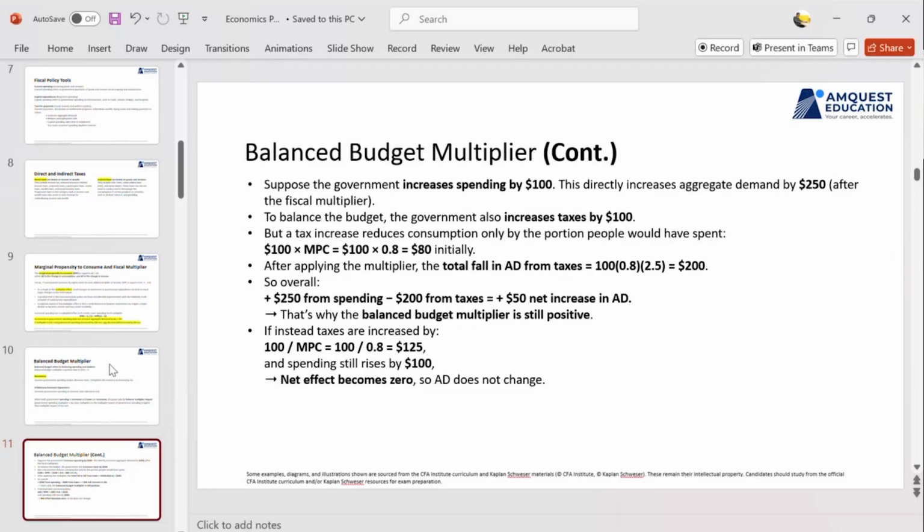So the taxes will make the consumption fall down by the multiplier, correct? And therefore, the total will not be 250, it'll go to 200. So it went from 100 to 250 and 250 to 100 because of the tax impact. Clear?